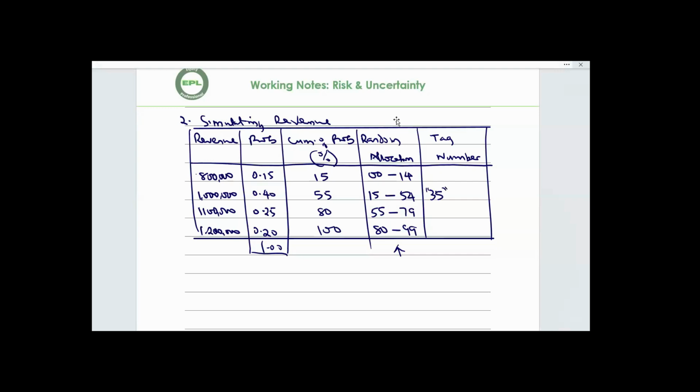Next one, 22, will fall in the same row. Next one, 68, will fall in the third row. So those are the three. We are given three sets for revenue as well as running cost. With this, we have simulated for revenue.